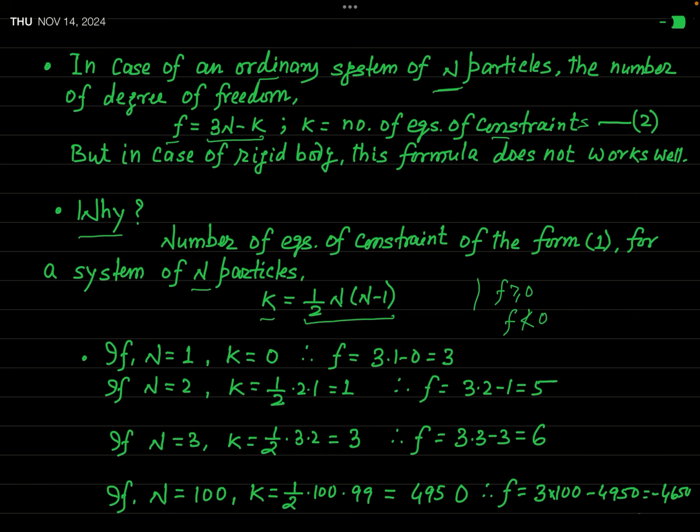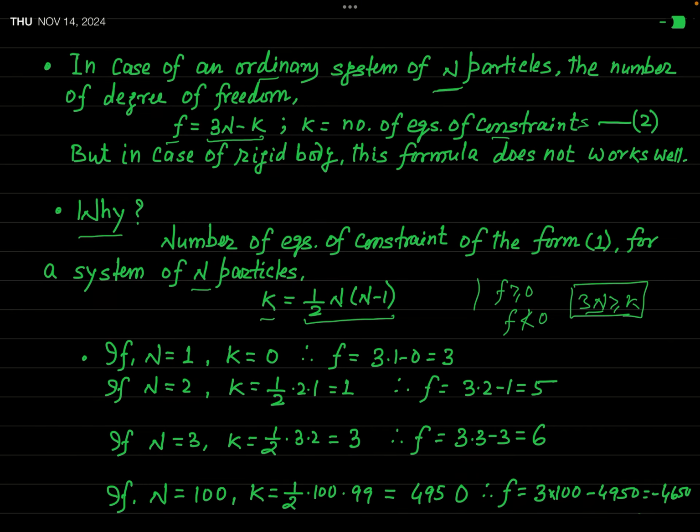In that condition, 3n must be greater than or equal to k. It means this formula will be valid only when 3n is greater than or equal to k, or in other words, k is less than or equal to 3n. Only then will this formula work.